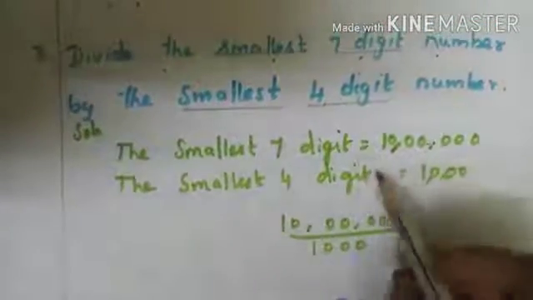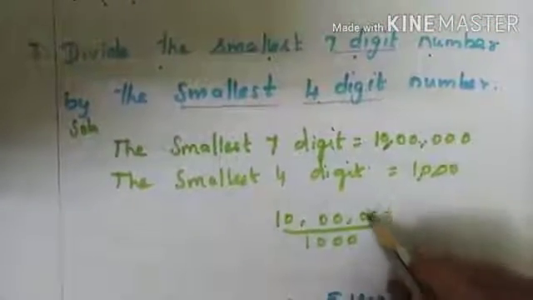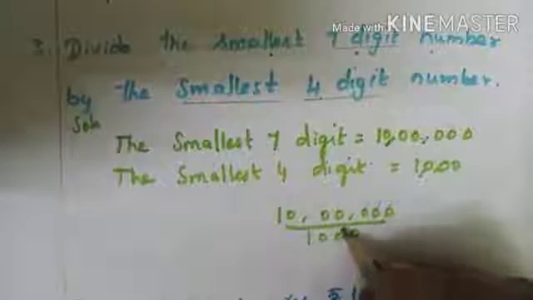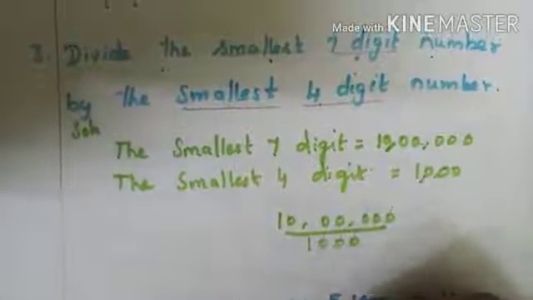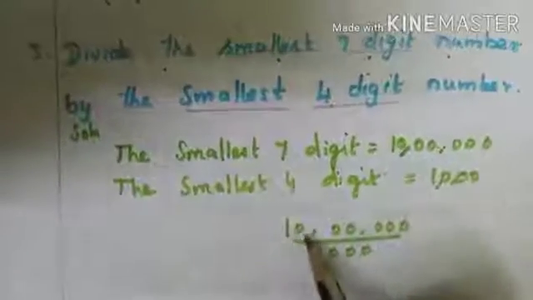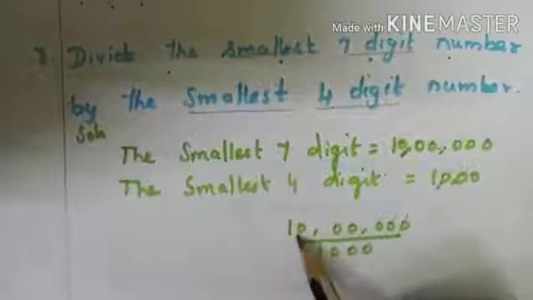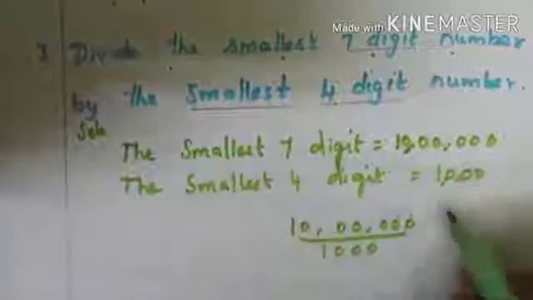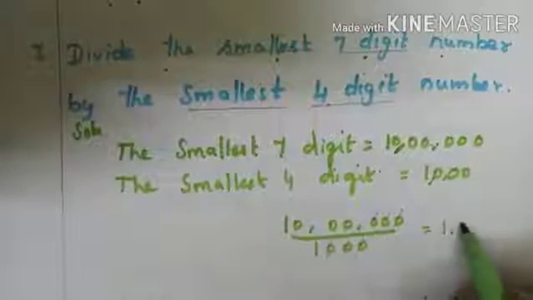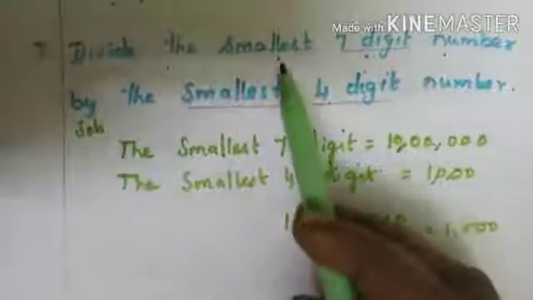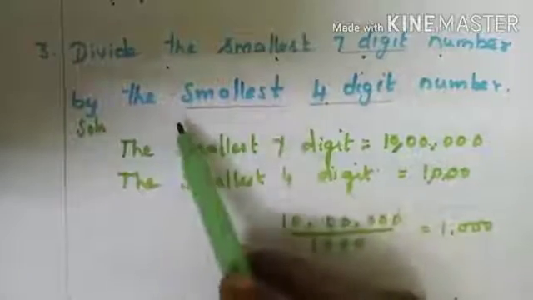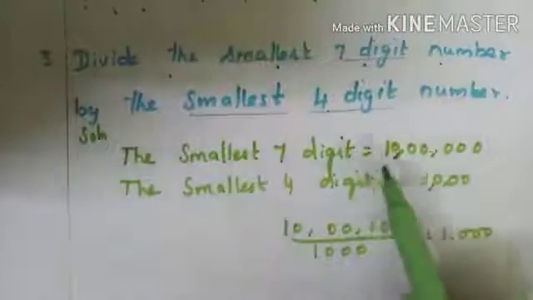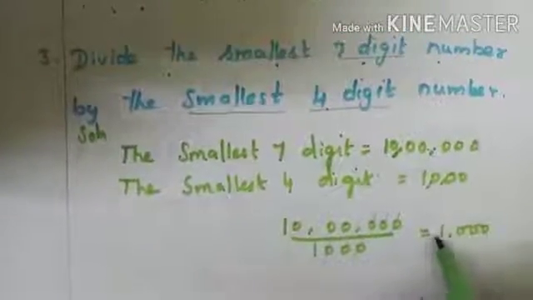Now we are going to strike the zeros, 3 zeros in the numerator, 3 zeros in the denominator. So what will be the answer? Yes, very good, 1000. Therefore the answer is 1000.